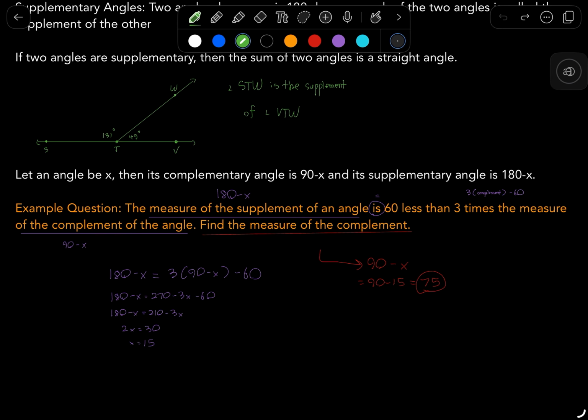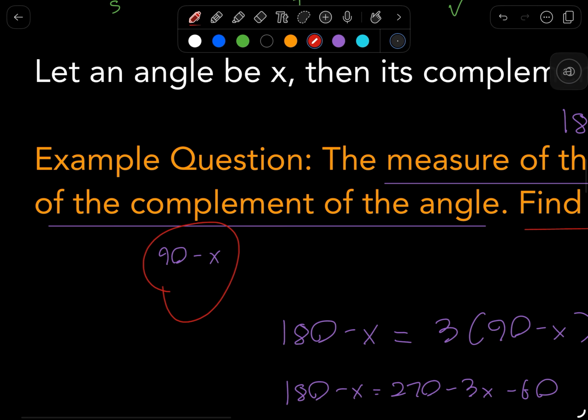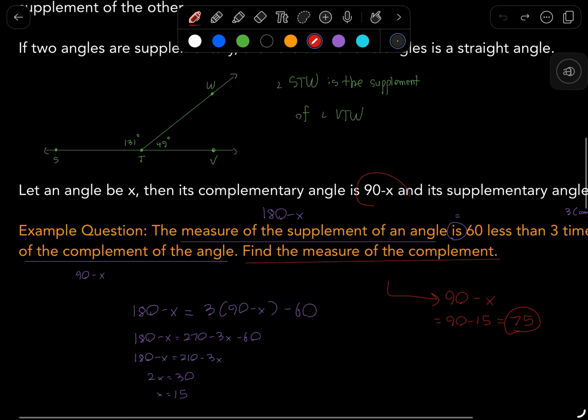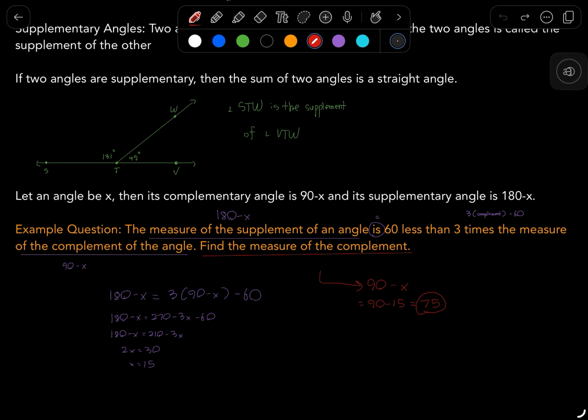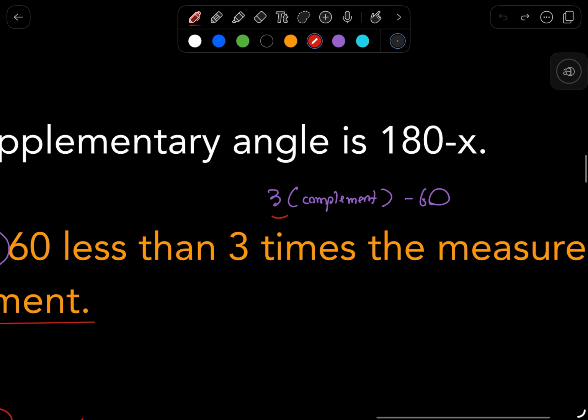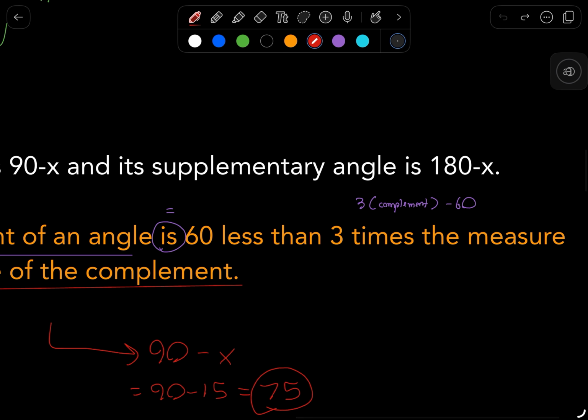Then it says that is 60 less than 3 times the measure of the complement. Once again, the complement is 90 minus x. Because it's 3 times the measure, you do 3 times the complement, and you subtract 60 because it says 60 less than.